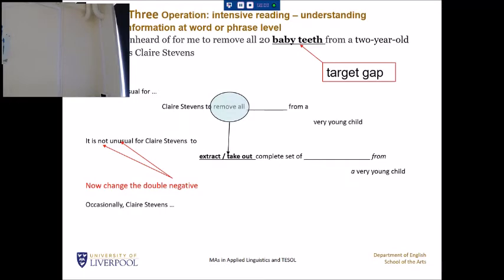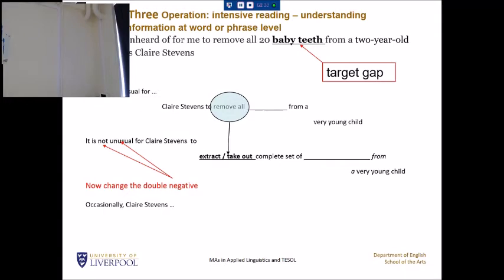Occasionally, Claire Stevens, or quite often, Claire Stevens, what? Yeah. Take out, but we want the correct grammar. Quite often, or occasionally, Claire Stevens, take out.